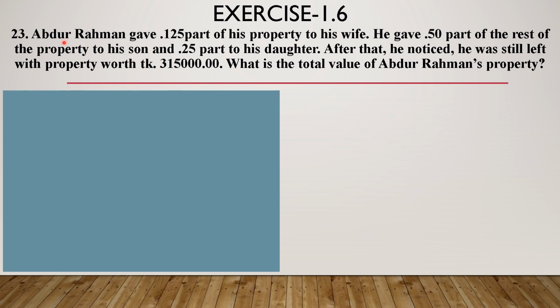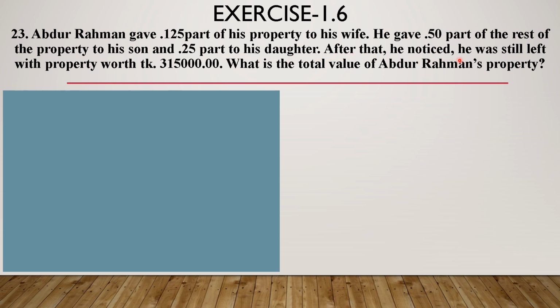Again, I am reading the question. Abdur Rahman gave 0.125 part of his property to his wife. That means at first he gave 0.125 part to his wife. After that, from the rest of the property, he gave 0.50 part of the rest of the property, where of means multiplication, and 0.25 part to his daughter.